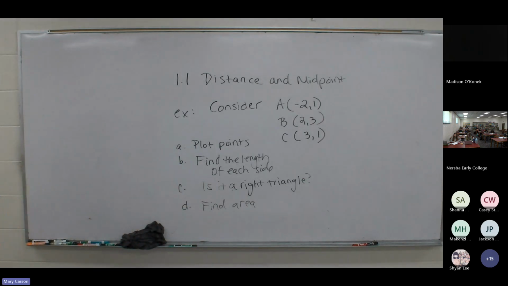They always like to give one question with a bunch of prompts to it, and you kind of have to know what each question is asking for. So the first one is plot the points. Everybody should know how to do that. When they ask for the length of each side, what are they asking you to do?